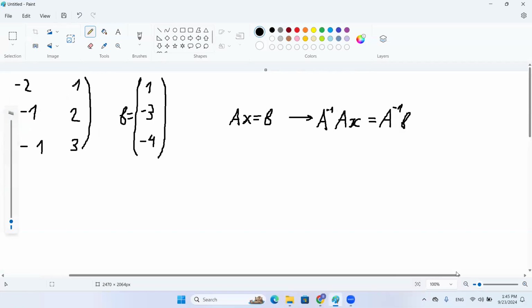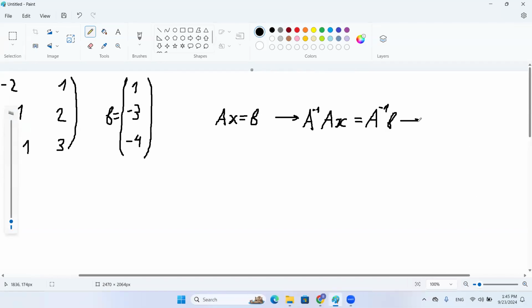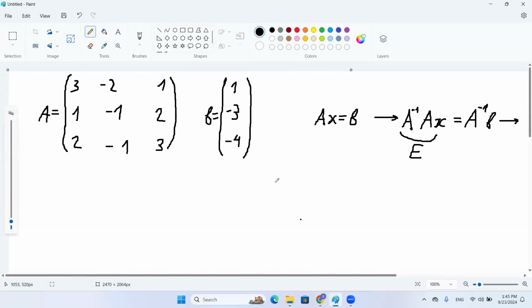And then let's simplify. Actually, it's the identity matrix, and X equals the inverse matrix A multiplied by B. It will be the vector of variables that we will find.